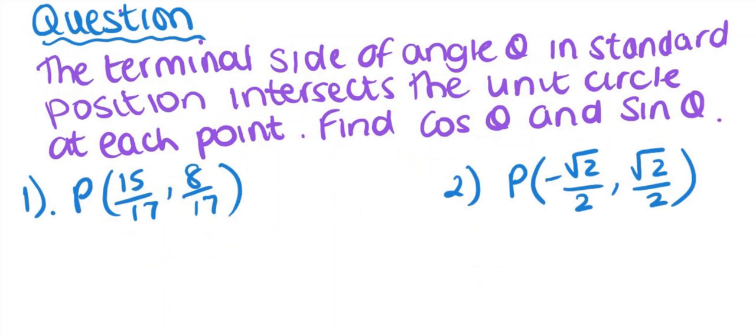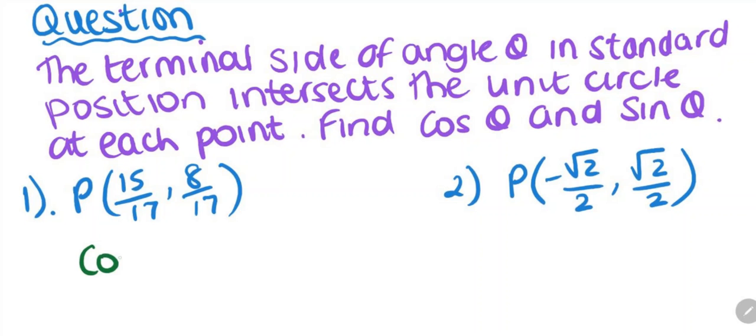Okay, so we have a check your understanding question. The terminal side of angle theta in standard position intersects the unit circle at each point. Find the cosine of theta and the sine of theta. Question 1, the point is 15 over 17 and 8 over 17. Question 2, the point is minus root 2 over 2 and root 2 over 2. So try those.